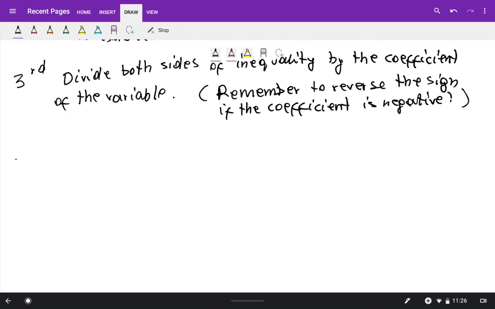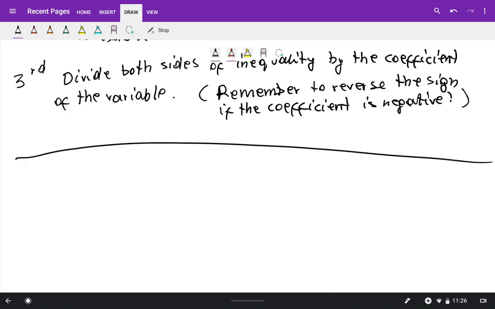Let's practice. Example: solve each inequality and graph the solution set.